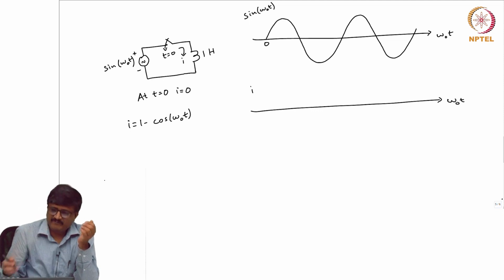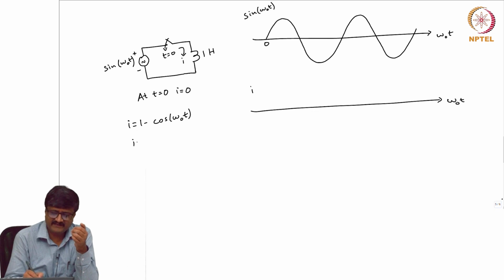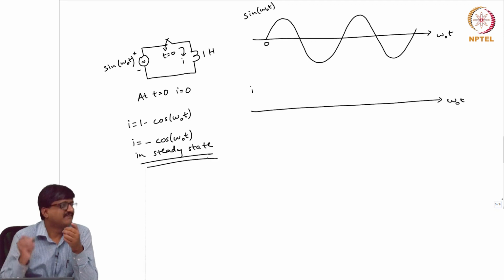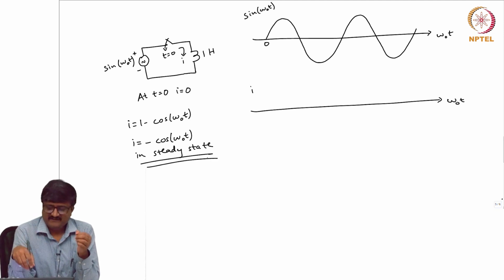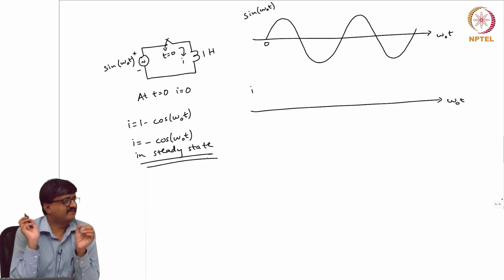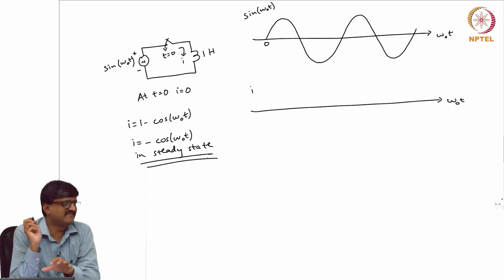So when we plot the waveform, we still say that I is minus cos omega_0 t in steady state. So what I want is in steady state. If I just look at this circuit, the solution is 1 minus cos omega_0 t. But if the circuit represents some physical circuit in practice, then it is an approximation.